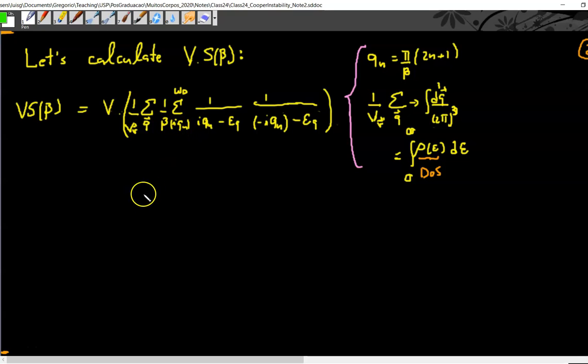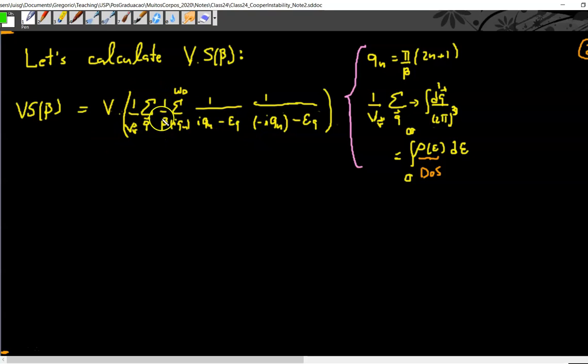So it goes from minus omega_D to plus omega_D, right? So the absolute value will go from, say, 0 to omega_D. And these are, again, fermionic frequencies, so they change depending on the temperature like this: q_n equals pi over beta times an odd number, 2n plus 1.